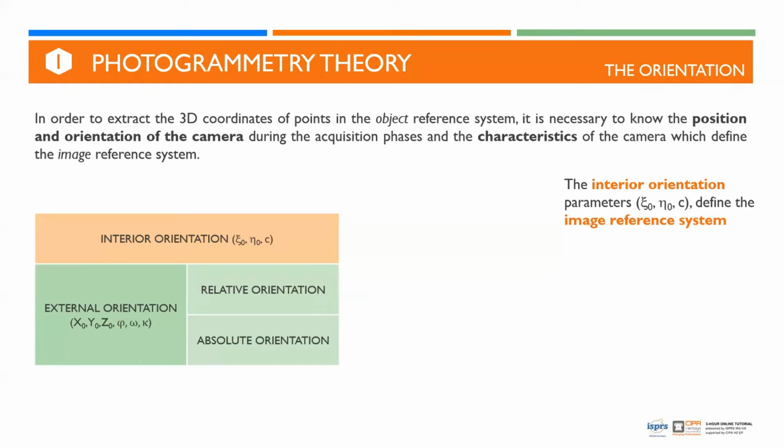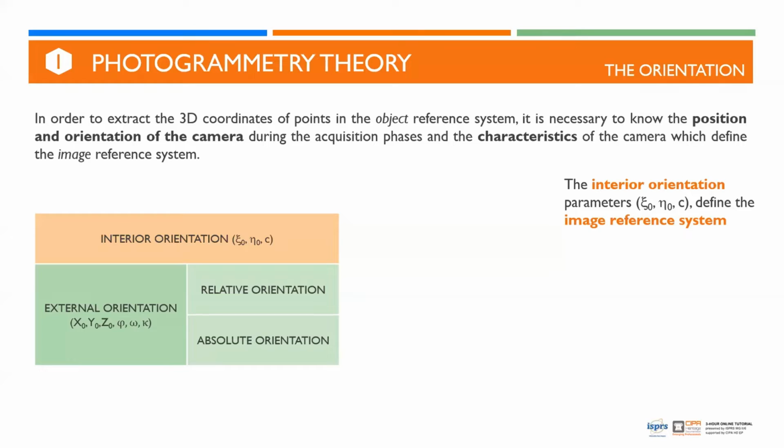They are the same for all the images that we acquire because they are linked to the camera, and of course the camera is always the same during our acquisition. This set of parameters is usually provided by the camera manufacturer in special documents that are our calibration certificates.